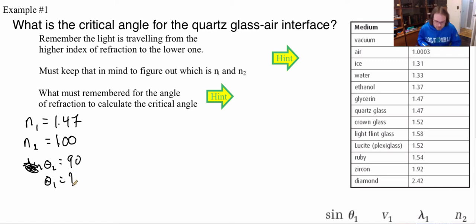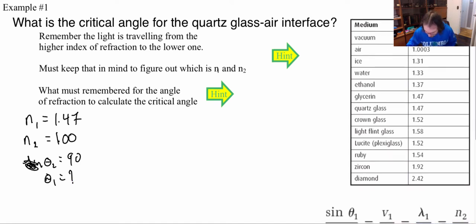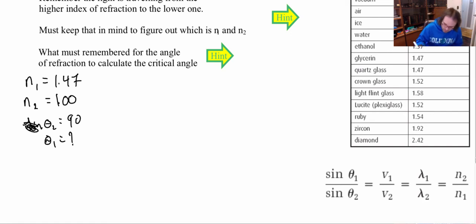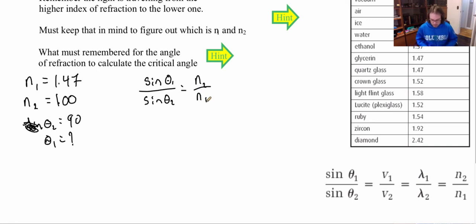So, let's look at this here. We know from Snell's law that my angle of incidence divided by my angle of refraction is equal to my index of refraction of my refraction divided by my index of refraction of my original, so my quartz.